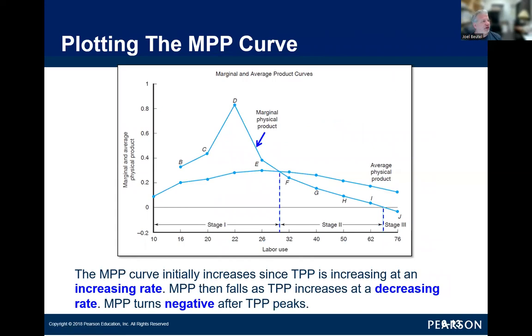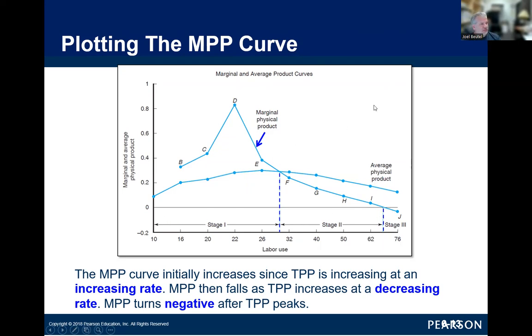So if we plot the marginal physical product curve, once again, we get this place where we are going up, and then it's going down, down, down, down, down, until eventually we're at this point between I and J where we're at 0 marginal physical product, which is approximately equal to where our total product would be at its peak if we had it on this graph.